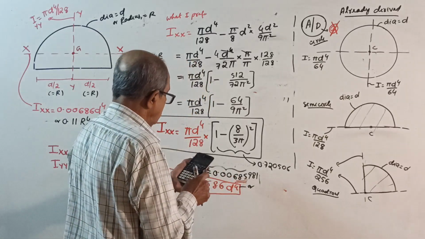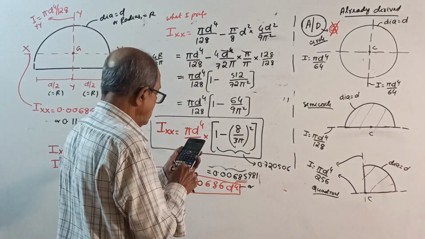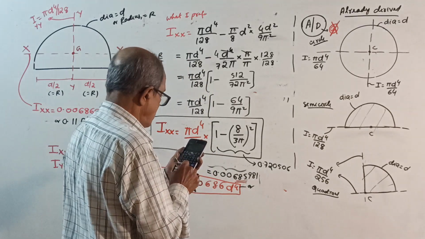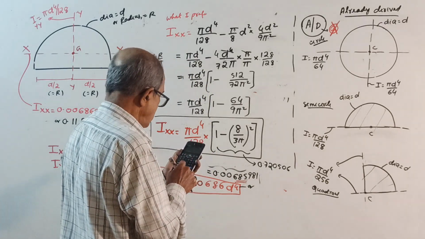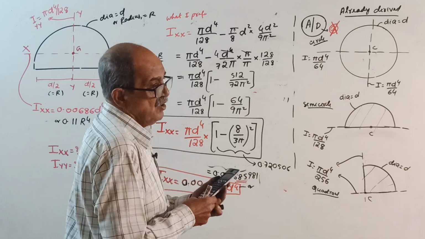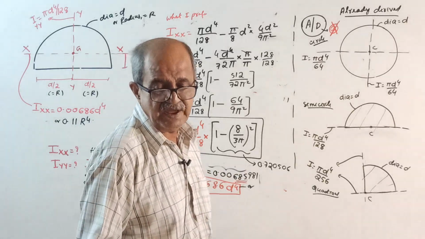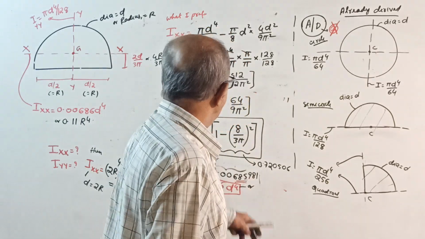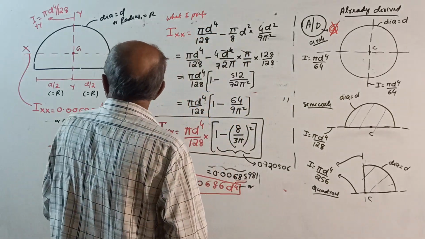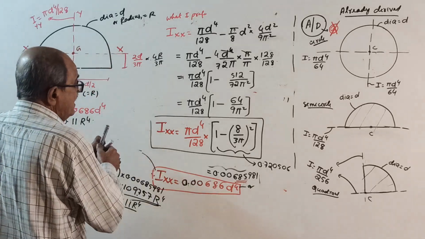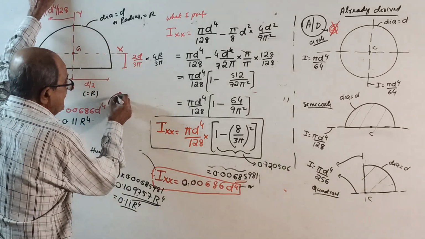Now if you complete it, (1 minus 1 plus 1) into pi divided by 128 is 0.00686, correct. Now you can do one thing. Don't write this actually. I prefer this number.